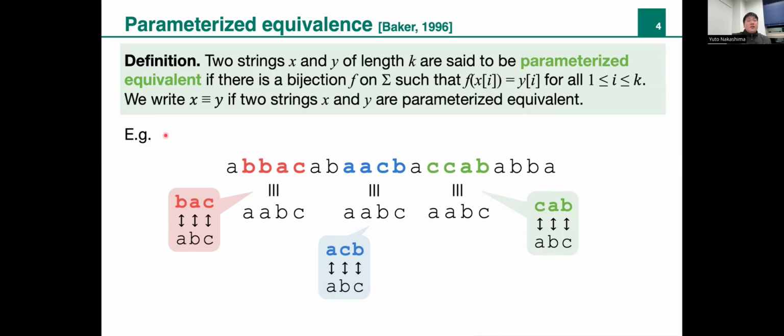We use the notation x ≈ y if x and y are parameterized equivalent.